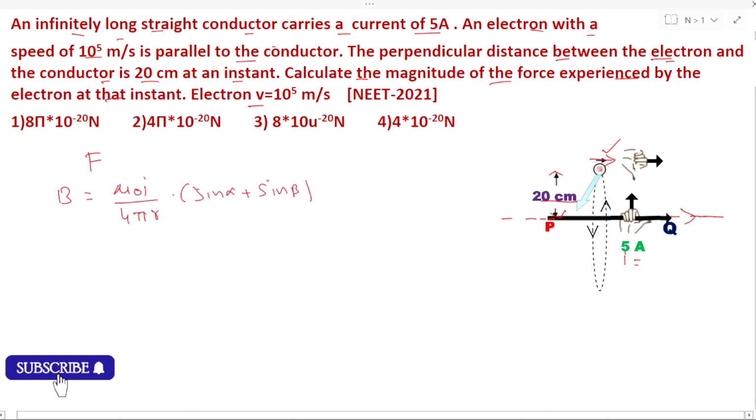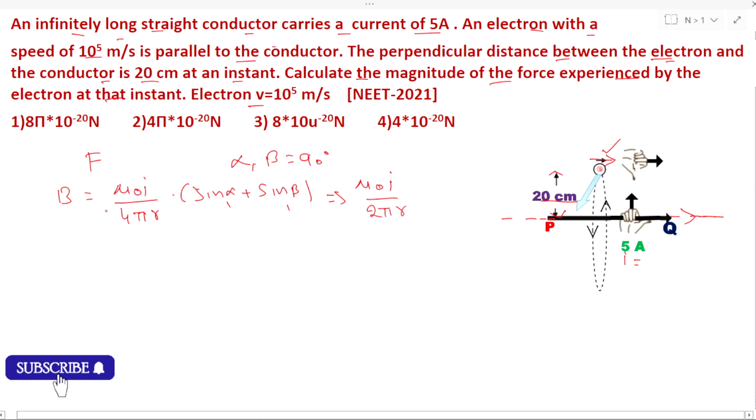Since it is an infinitely long straight conductor, alpha and beta are equal to 90 degrees. That means sin 90 and sin 90, this will be 1 and this will be 1. That implies the formula for B will be mu naught I by 2 pi r.